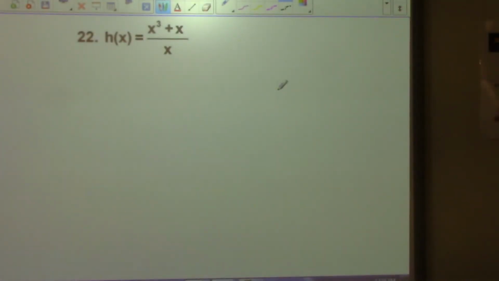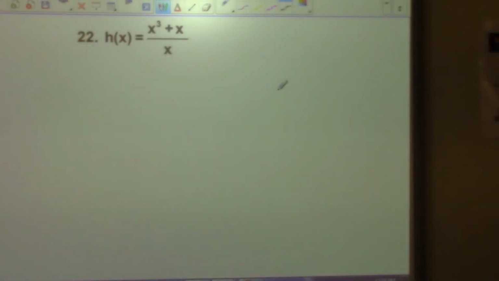Because what happens if x is 0? What is strange or unique about that? You cannot divide by 0. So if x is 0, the function is undefined. Boom. So the answer to the question is yes, right? So we do that even before we graph.